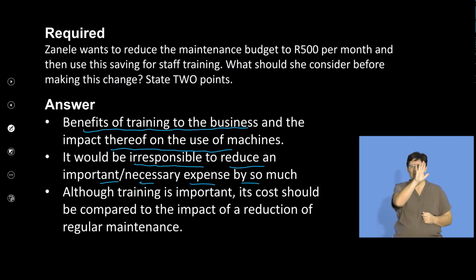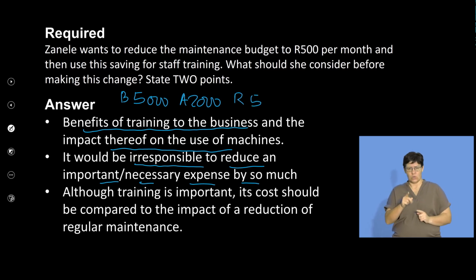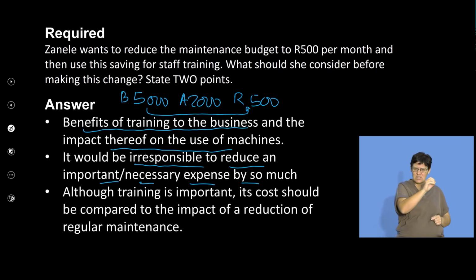She spent 2,000, right? So there's your budgeted amount. There's your actual amount. She wants to now reduce it to 500. You can look at the difference between the budget and what she wants to reduce it to, and the difference between the actual and what she wants to reduce it to.